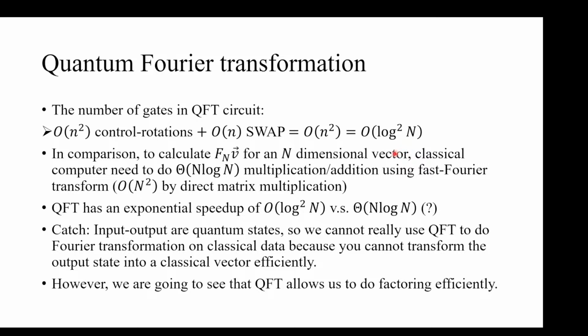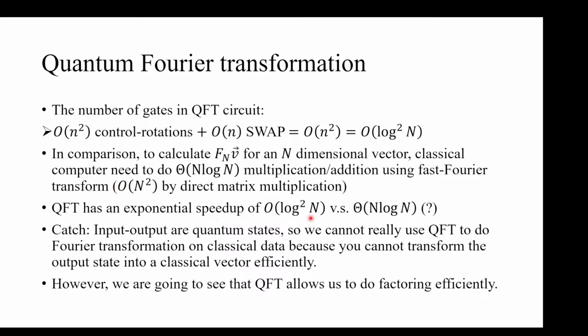Then let's compare to the classical Fourier transform. We don't talk too much about the classical Fourier transform, so we just take it as given. For a classical Fourier transform on a big N dimensional vector, you are basically multiplying by a big N by big N matrix. If you do naive matrix multiplication, you need about order N squared multiplications.